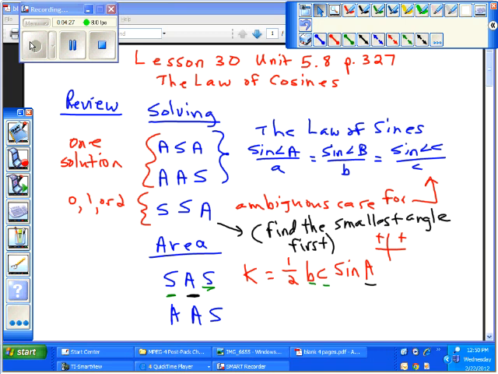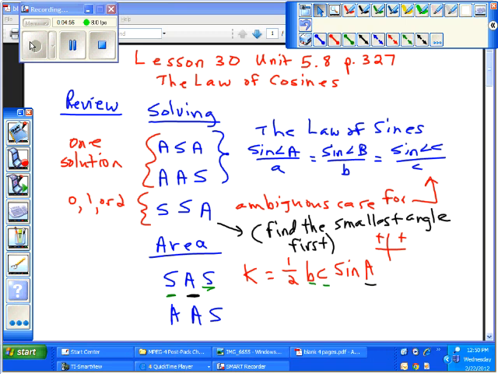We use K for area because big A is that angle. So K for area is equal to 1/2 bc sine A, where b and c are those sides, and A is the angle included between those sides. So it could be 1/2 ab sine C, or it could be 1/2 ac sine B.